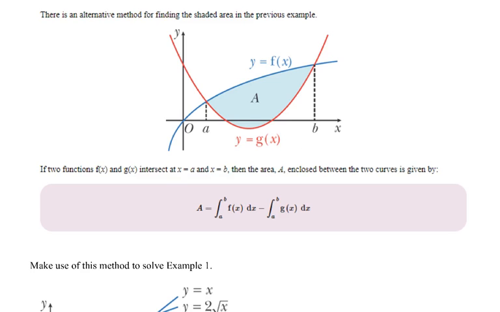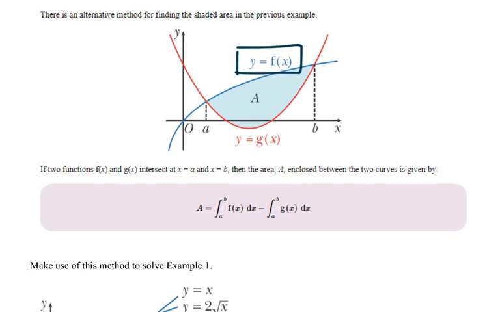Also, there is an alternative method to find the area of the shaded region, using the same example. Just now I mentioned that we always take the area which has a bigger portion, which in this case is the part at the top line, f(x).